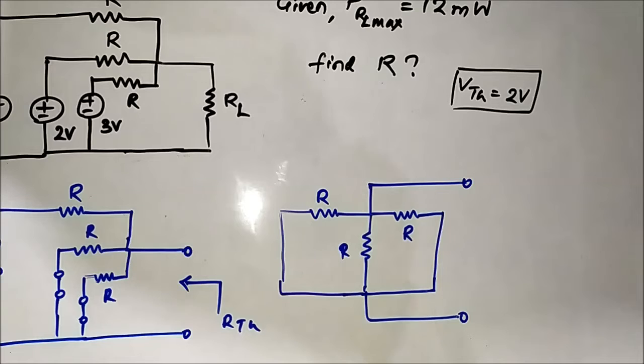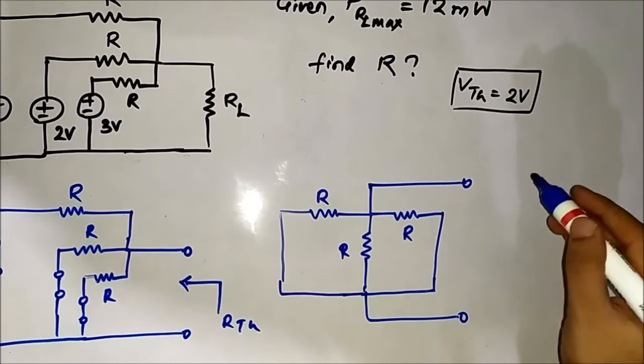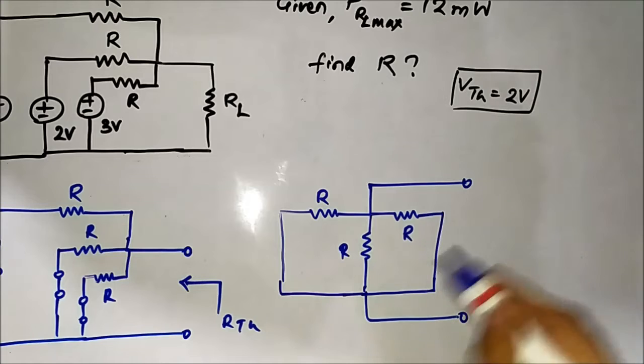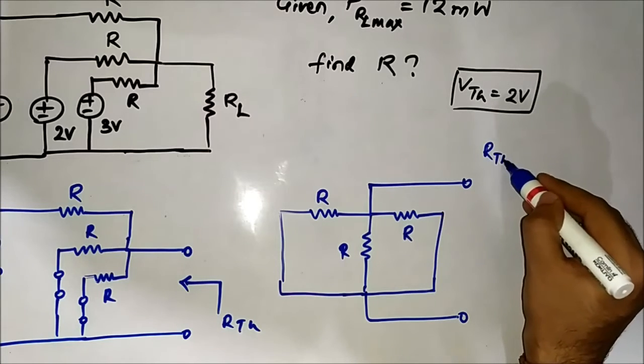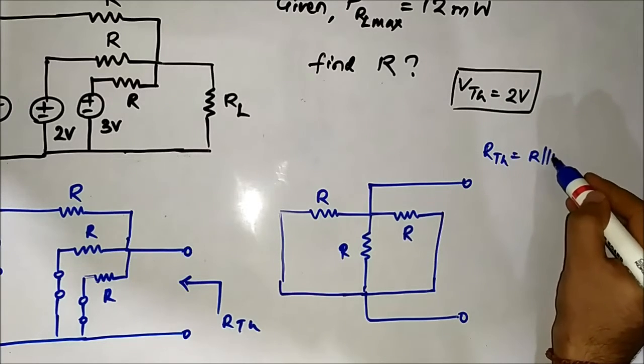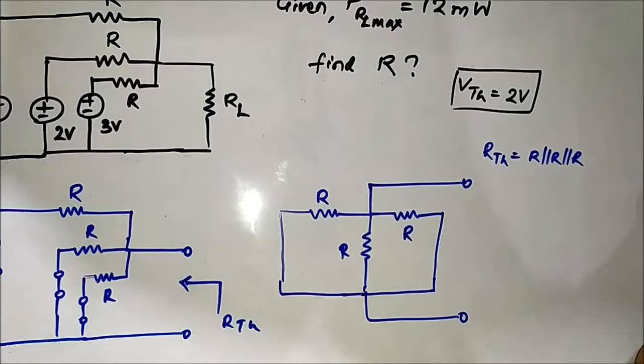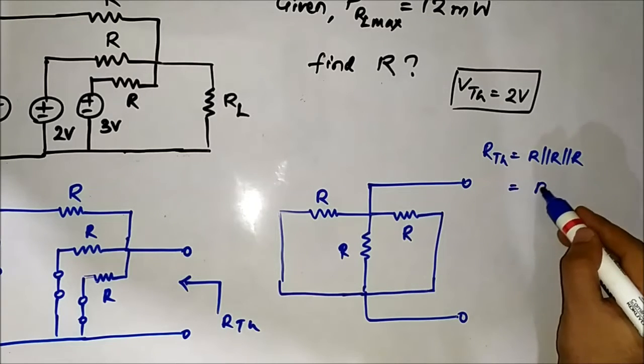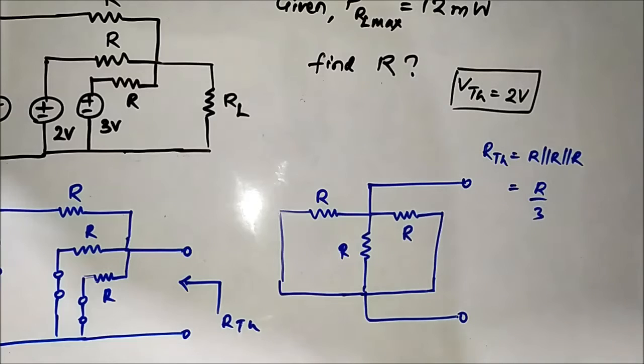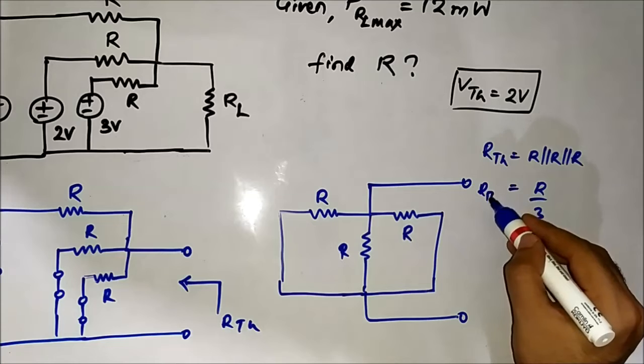Okay, this is the whole thing. So here basically for RTH, all these resistors are in parallel. RTH is R parallel R parallel R, so it is equal to R by 3. So RTH is equal to R by 3.